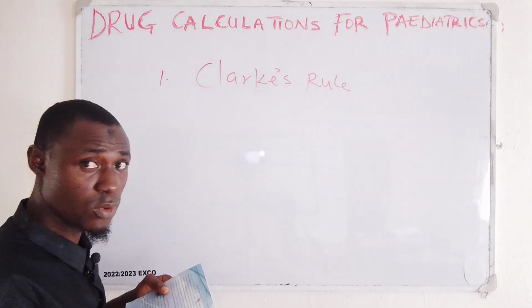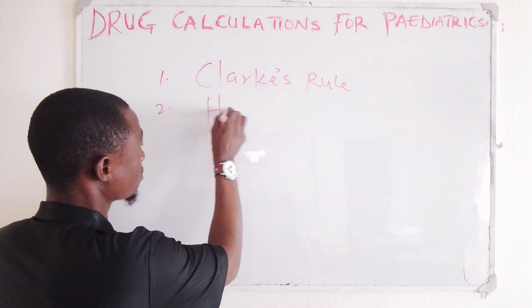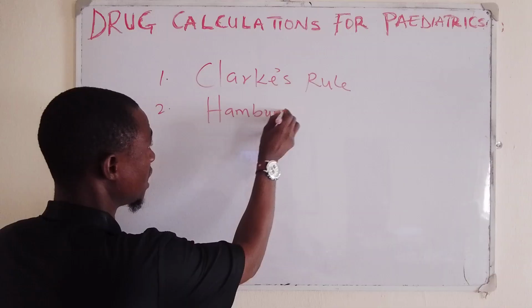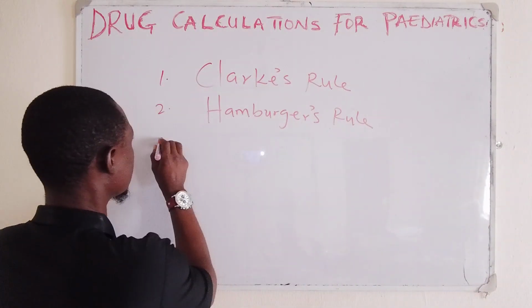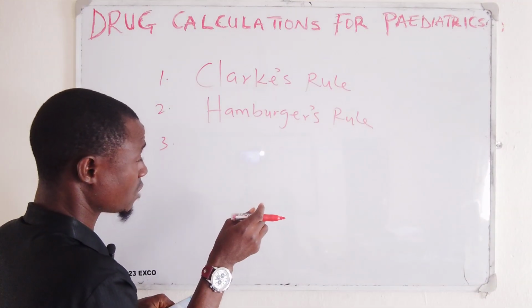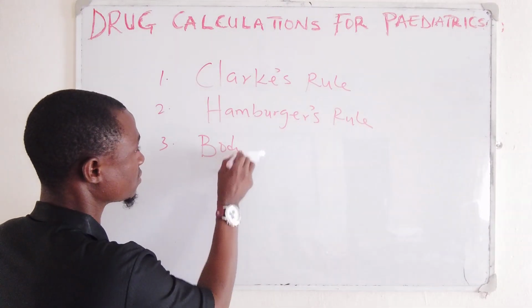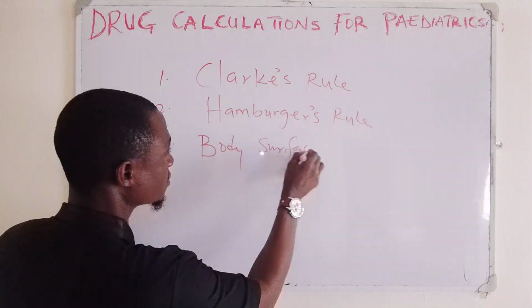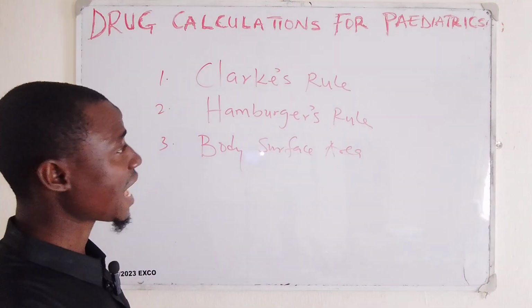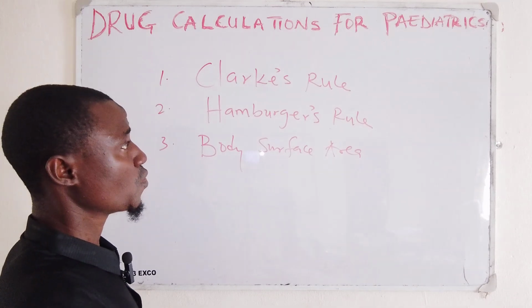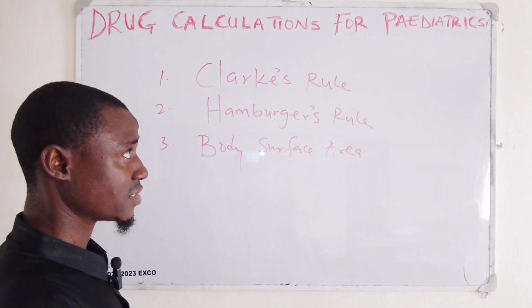Then the second one is Hamburger's rule. Then lastly is drug dose based on the child's body surface area. So these are the three rules that have a very strong connection with the weight of the child.